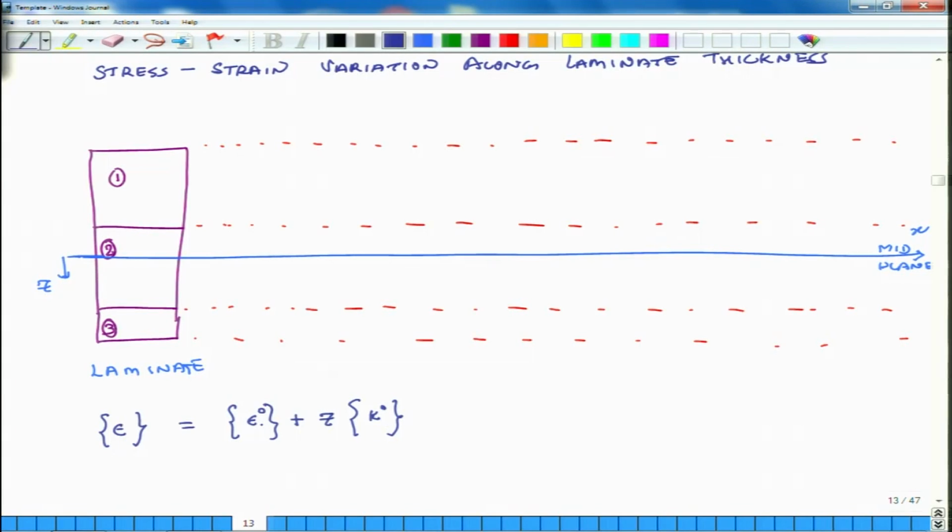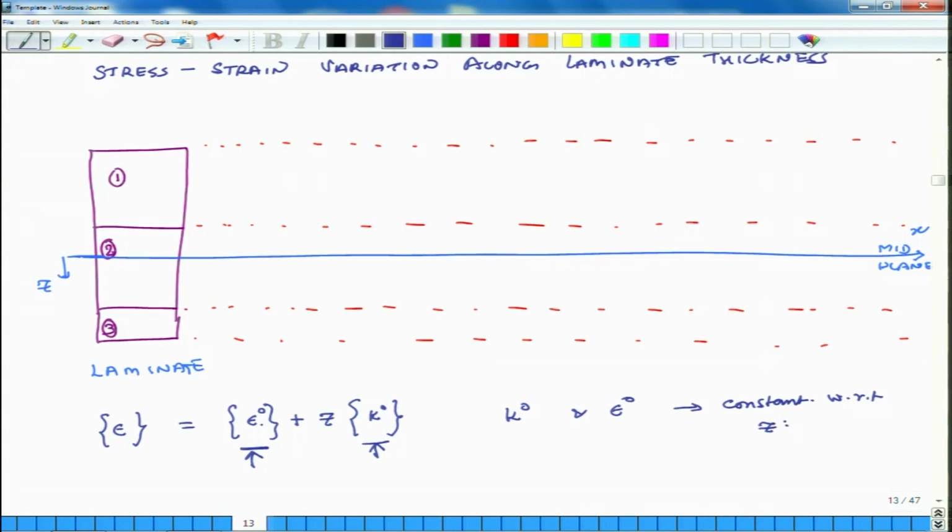Okay. What it means is, this portion and this curvature portion, they do not change. So, k naught and epsilon naught, they are constant with respect to z. If x and y is the same, then if z is changing, they do not change.